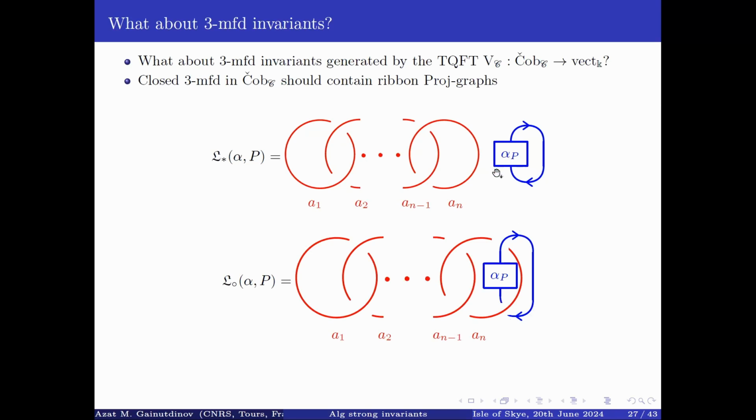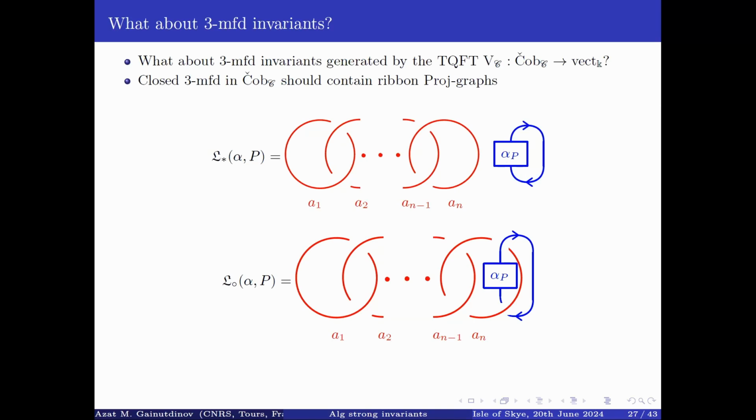And actually, in this type of situation, because the graph lives in a 3-ball, it doesn't affect much of the topology. So one can show that the manifold invariant for a lens space with such an embedded ribbon graph is just proportional to the Lubashenko invariant.